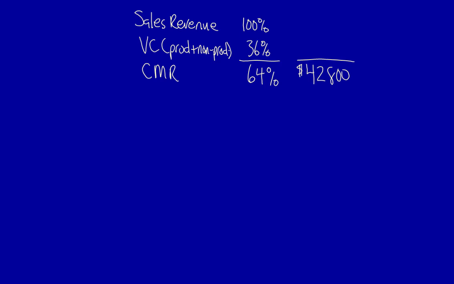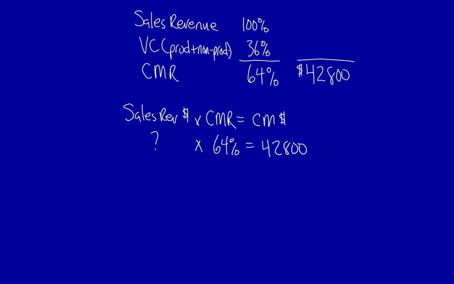The formula to calculate contribution margin is sales revenue in dollars multiplied times the contribution margin ratio is equal to the contribution margin in dollars. Well, sales revenue, we don't know, but we do have the contribution margin ratio, and we do have the contribution margin in dollars. If we divide both sides by 64%, we can eliminate the 64% on the left-hand side. That means sales revenue is equal to 42,800 divided by 64%.